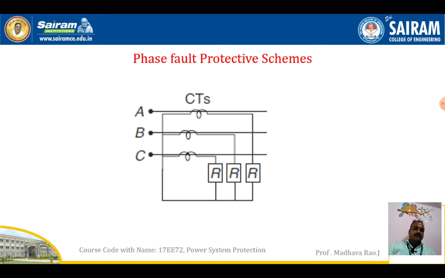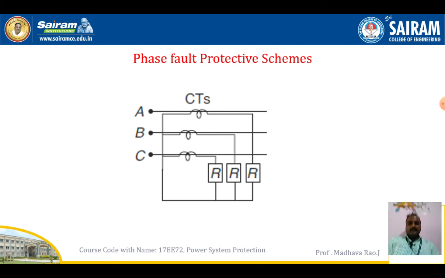In earth fault we consider the IA plus IB plus IC current, but in phase fault we consider all the different currents, IA and IB and IC.